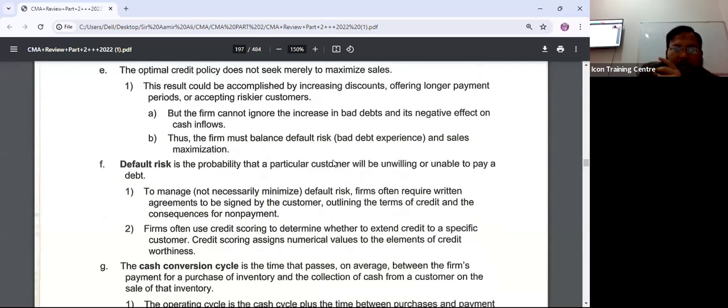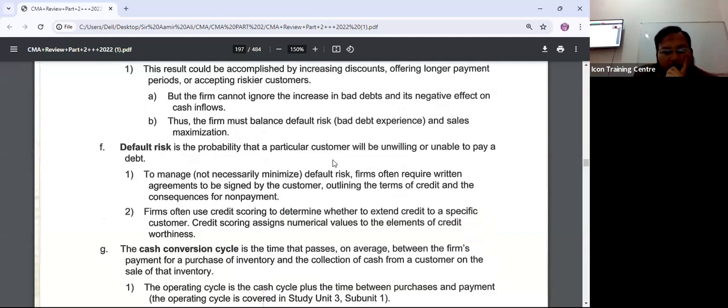Then we have default risk. Default is the probability that a particular customer will be unwilling or unable to pay a debt, right? This is default risk. To manage default risk, firms often require written agreement to be signed by the customers, outlining the terms of credit and the consequences for non-payment.